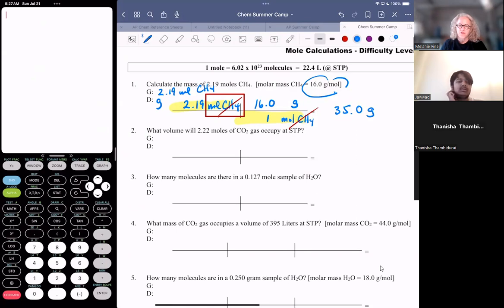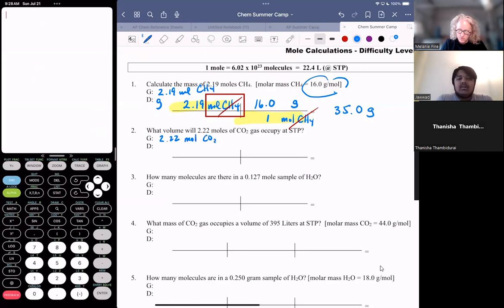Let's do the next one and then we'll skip one to do a multiple step problem, okay? What do they give you in problem number 2? They give me the 2.22.